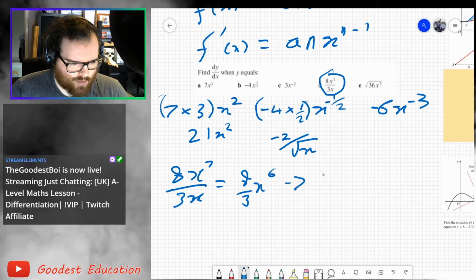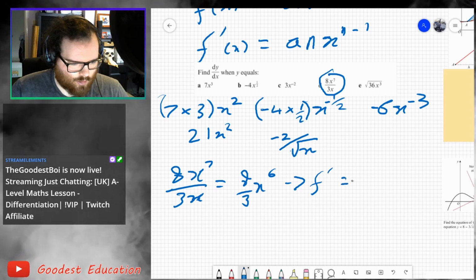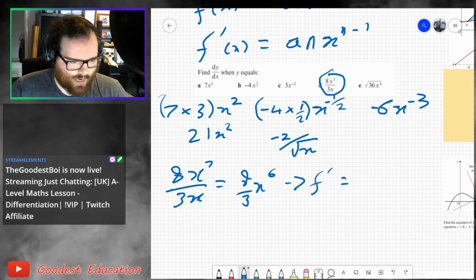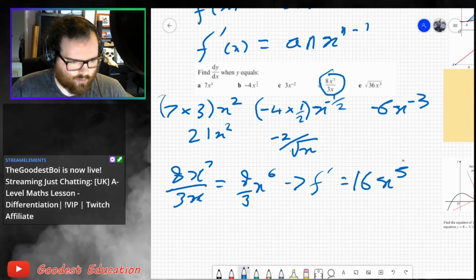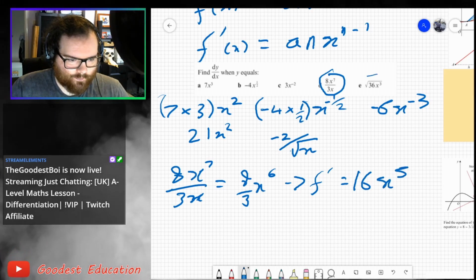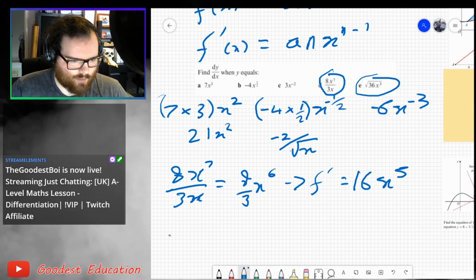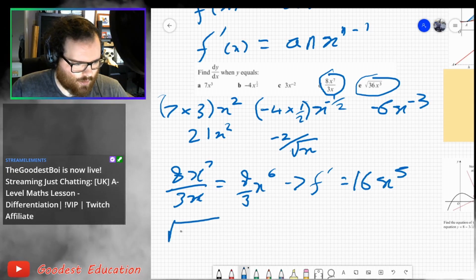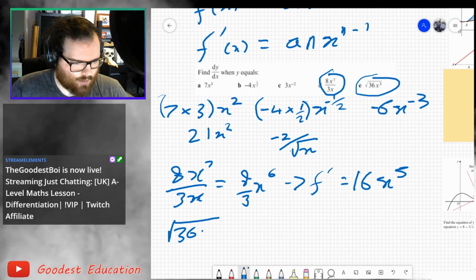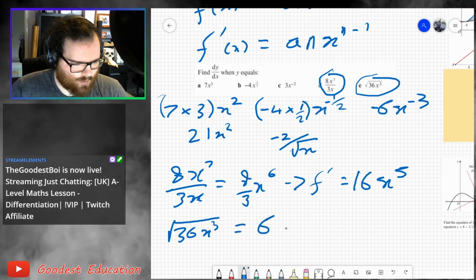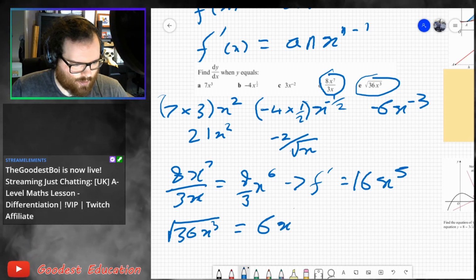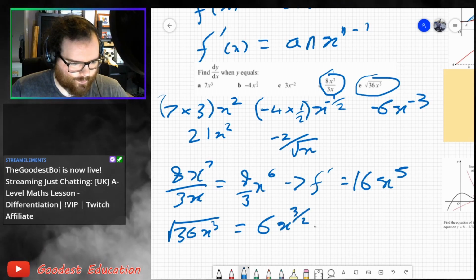And then the differential of that, 6 is going to come down, which is going to make this 16x to the 5. And then for this one, you're going to have to simplify it. So the square root of 36x cubed is going to be equal to 6x to the 3 over 2.